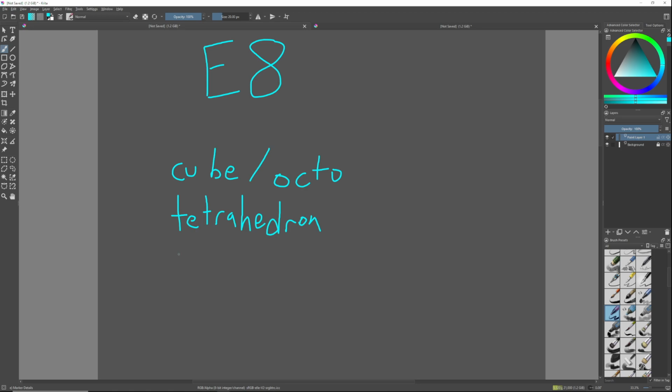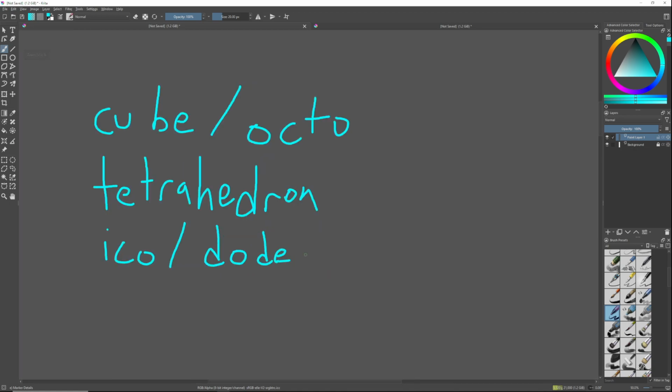And then you have the icosahedron and dodecahedron, 2 different objects, but they're duals to each other. And so these correspond to certain Coxeter systems, and roughly they correspond to certain Lie algebras.